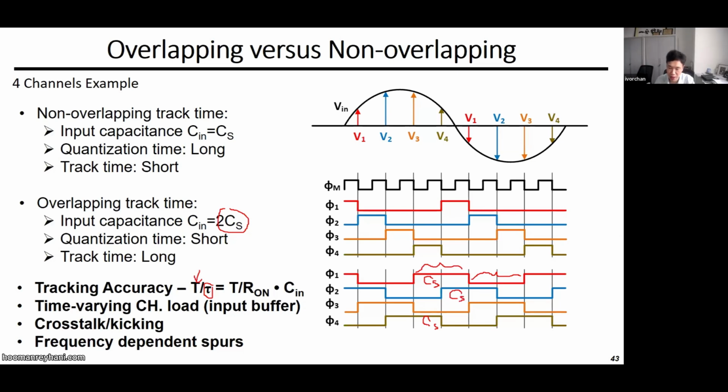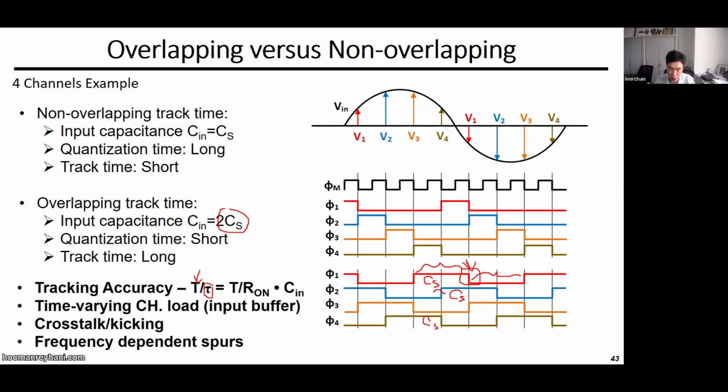Imagine they are at different conditions and with different kicking charge to the input. That may ruin the sampling linearity of channel 1, especially during the end phase of the tracking, when the time instant is very critical and you have another kick coming in from channel 2. So this will affect the linearity.